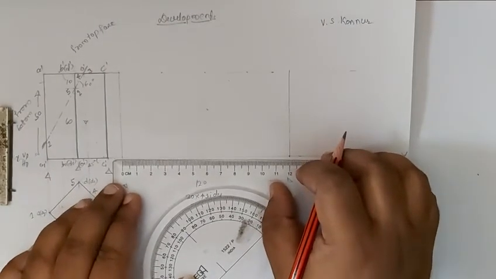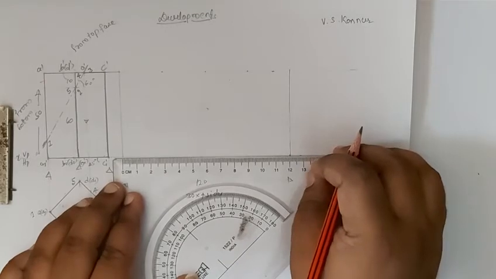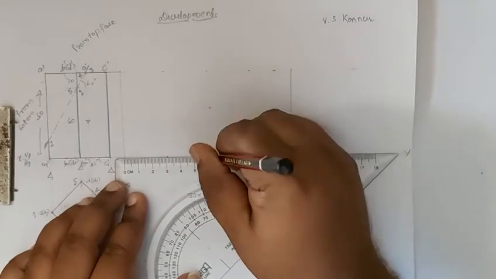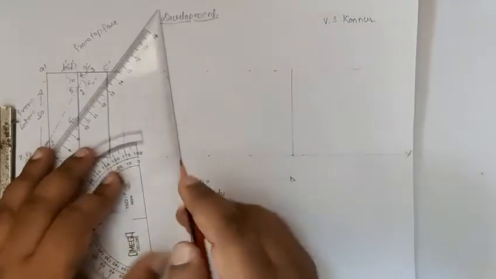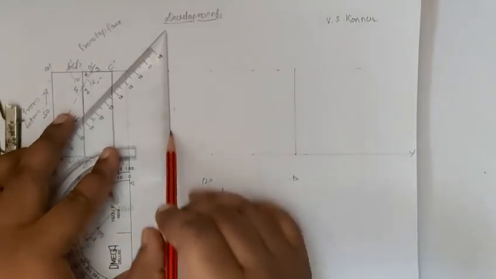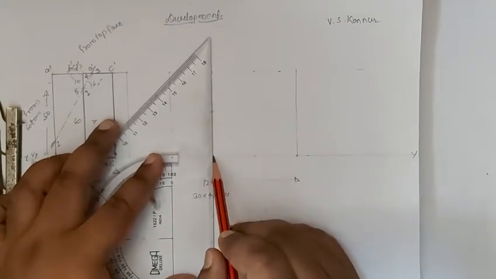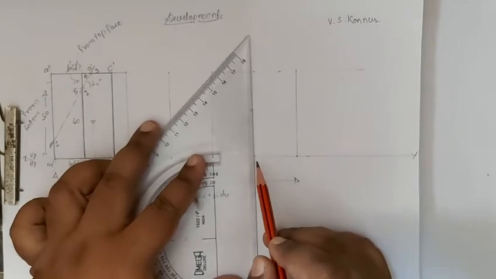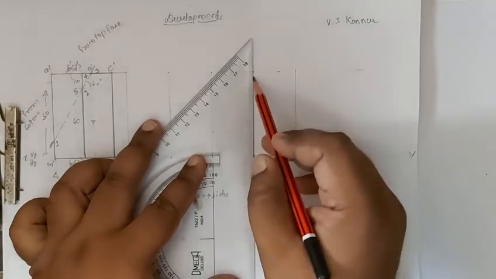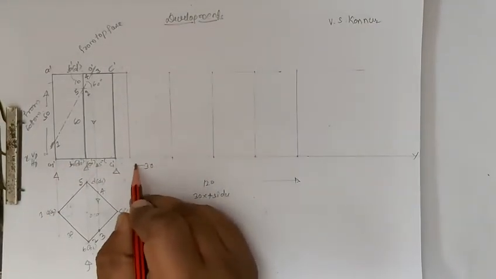Now divide that 120 by 30. Then draw thin lines. Right. Each distance is having 30 millimeter.